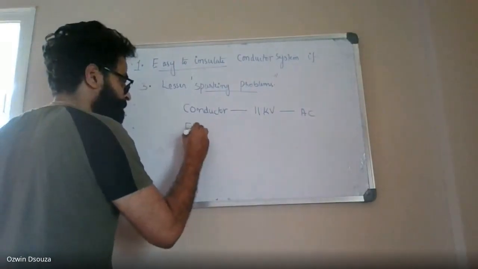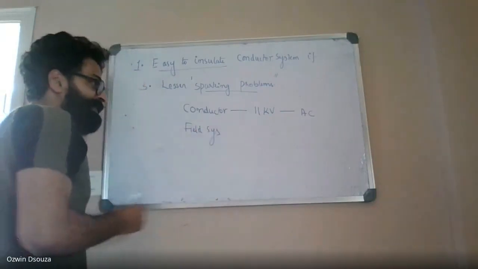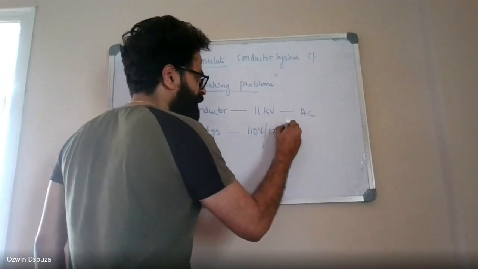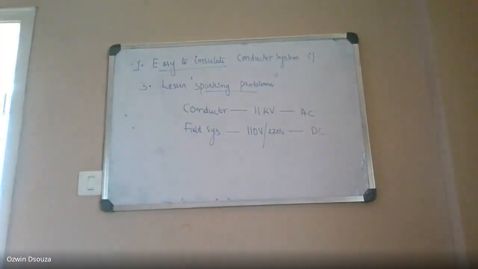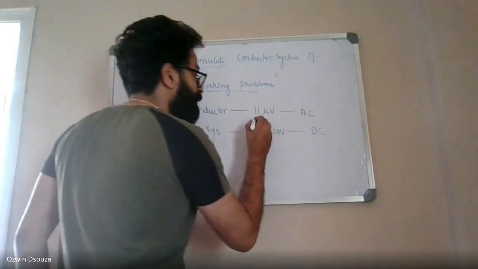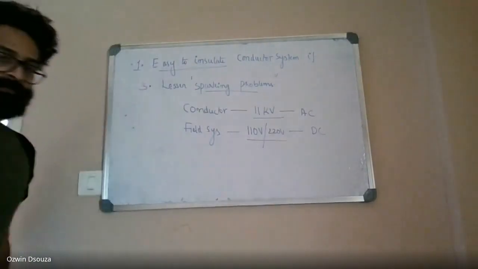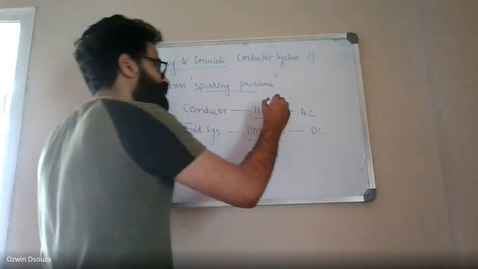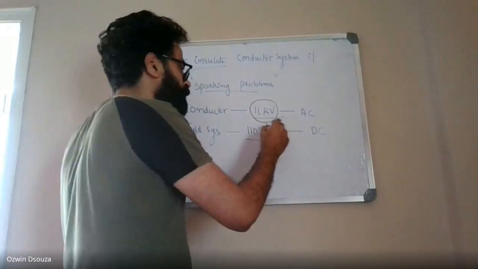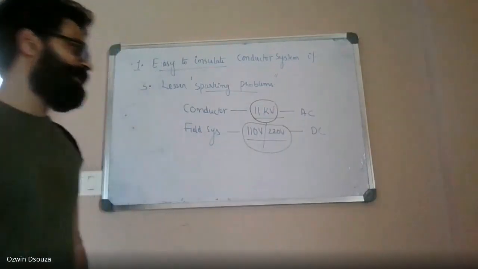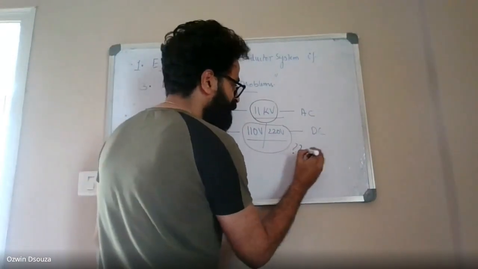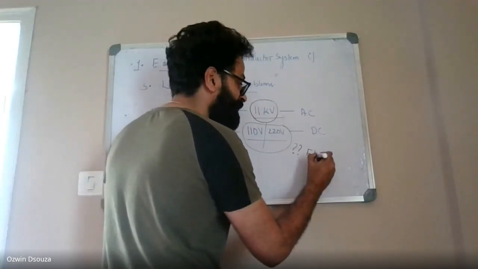On the other hand, the field system is normally kept at 110 volt to 220 volt DC level. AC or DC is just the classification of electricity, but I want you to compare the magnitude of voltages. Your AC voltage is operating at 11 kilovolt level, and your field system is operating at a very, very low voltage level, which is 110 volt to 220 volt. Why do you need this DC? This DC is required for establishing electromagnetism.